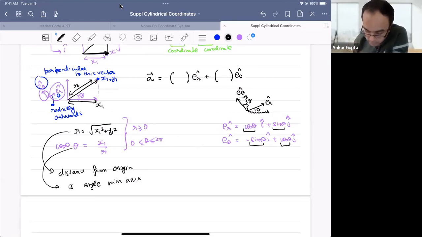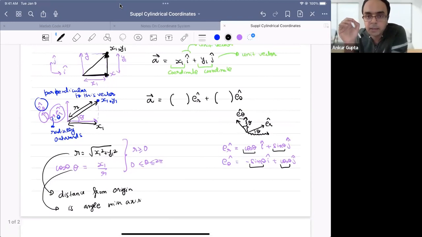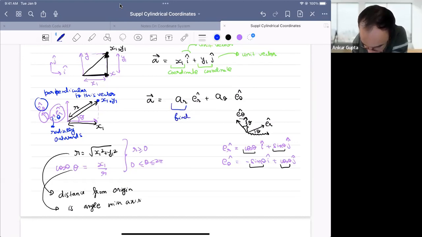But now let's go back, just to give you practice. I have A hat equal to x1 i hat plus y1 j hat. That is what I've been given. Now, how do I present that in e_r hat and e_theta hat? So I will call this number here A_r, and I want to find A_r and A_theta.